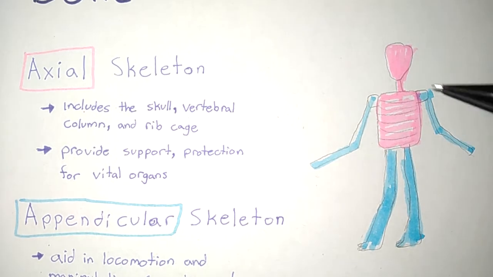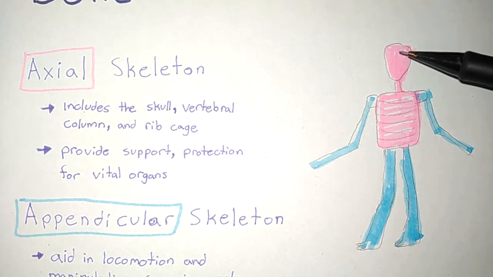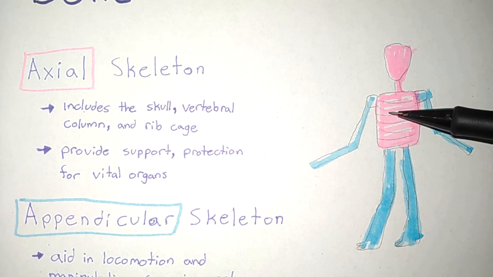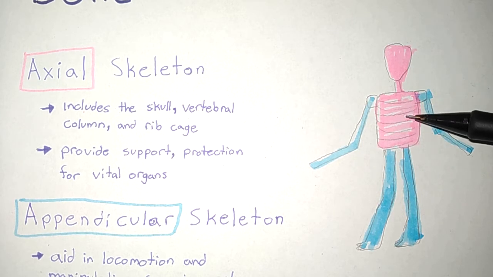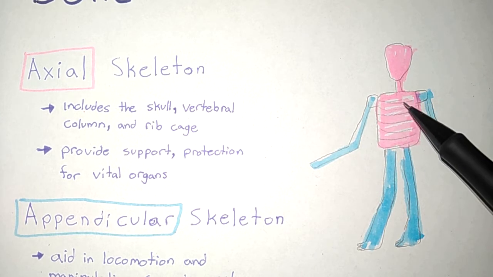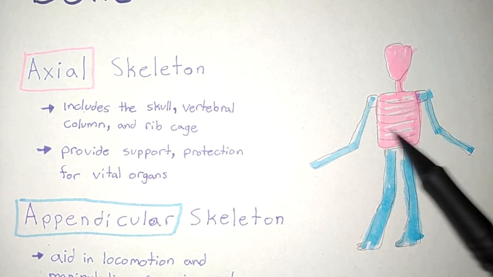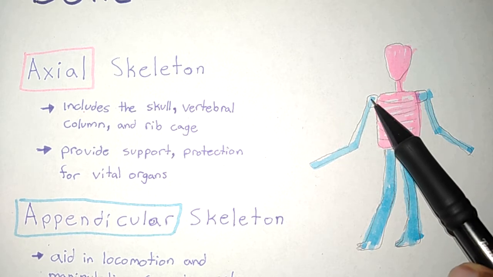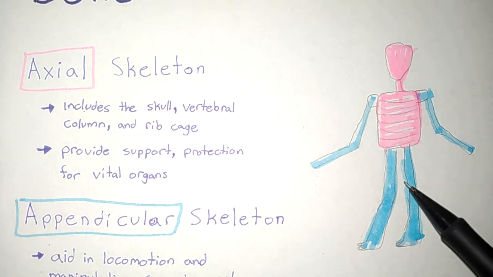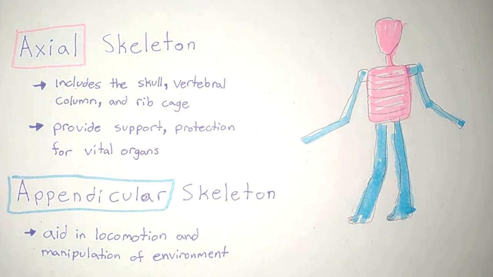So quickly, let me just talk about the anatomy of the axial skeleton. It includes the skull, the vertebral column, and the rib cage. As you can see, these bones provide more support and protection for the vital organs in these parts of the body, than the appendicular skeleton, which tends to provide support and aid in manipulating the environment.